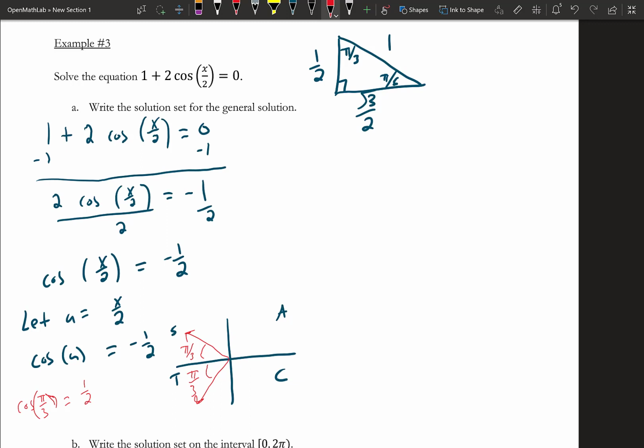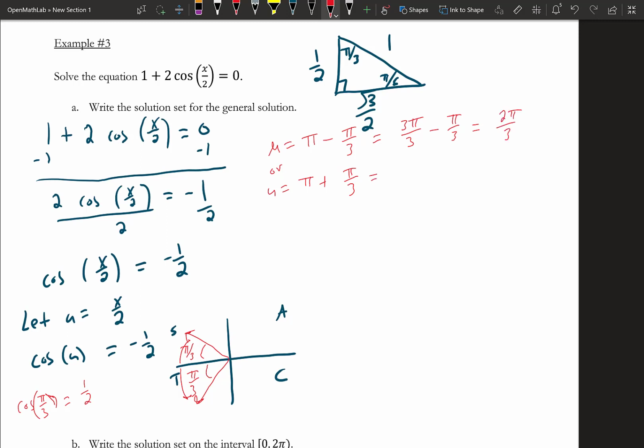Right? So then to find those angles, we would have u equals pi minus pi over 3, or u equals pi plus pi over 3. Right, so we would subtract to get the first one, this one, and then add pi over 3 to get this angle. So this would be the same thing as 3 pi over 3 minus pi over 3, which gives me 2 pi over 3.